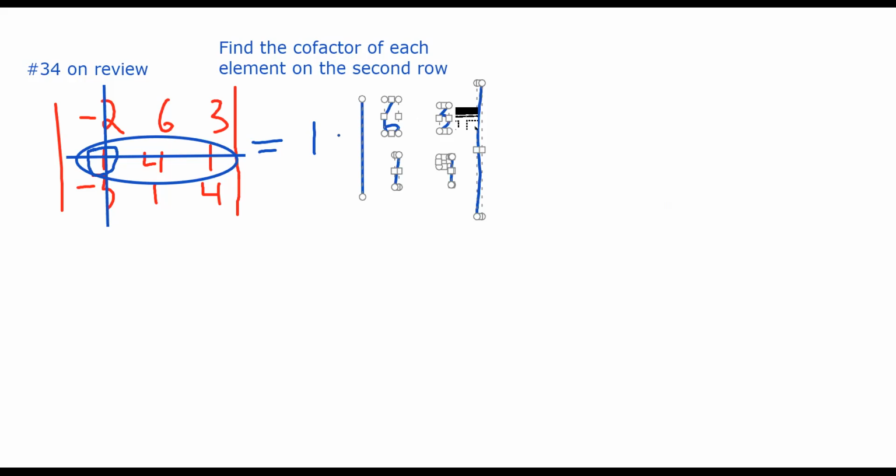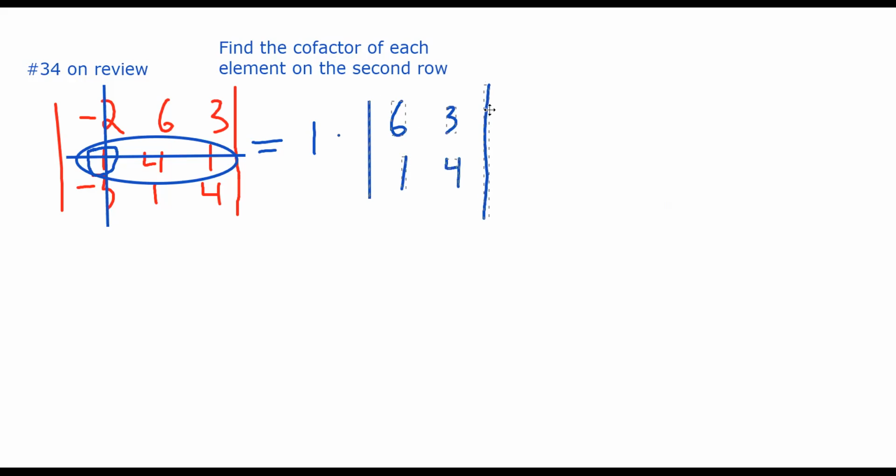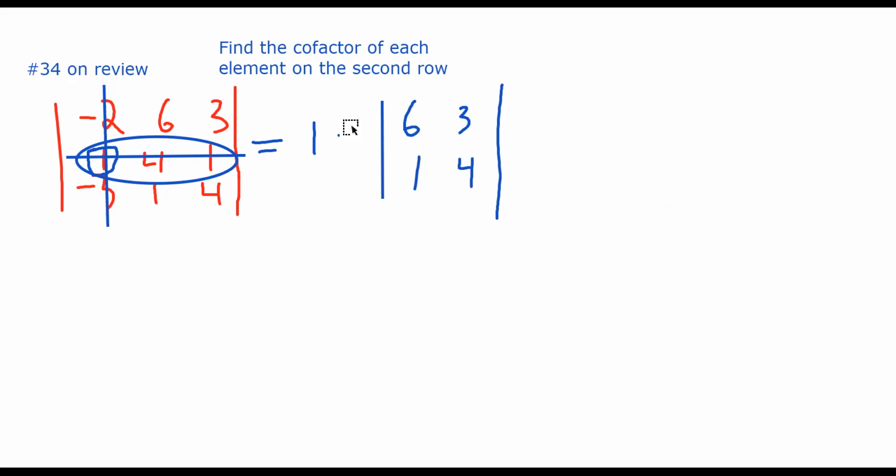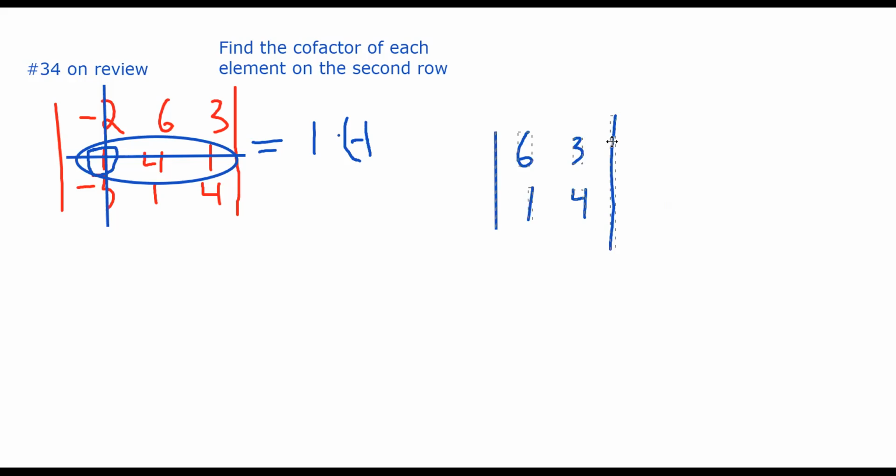Now, what I left out for simplicity's sake is that technically you multiply by -1, and you'll see why I left this out, raised to the power of the sum of the row and column that this was on.